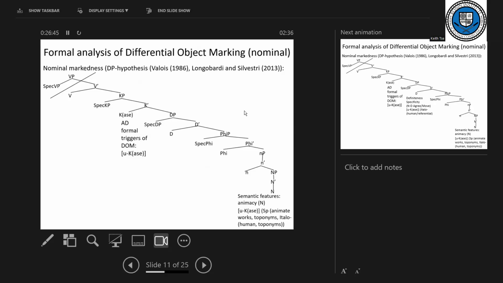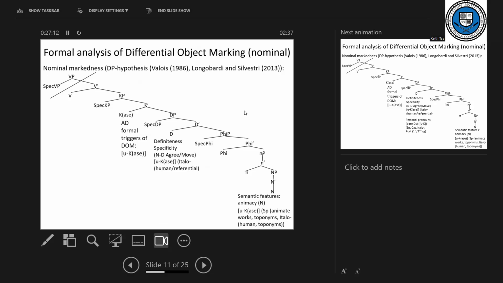Spanish includes works of authors, also toponyms. With Italian dialects, it's only human objects and toponyms. So compositions aren't marked there.